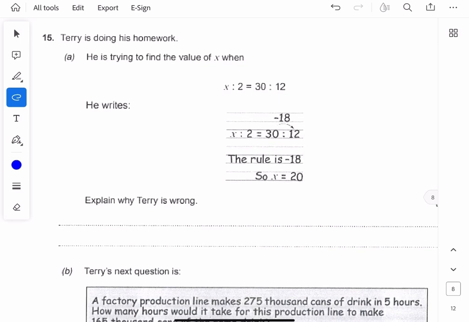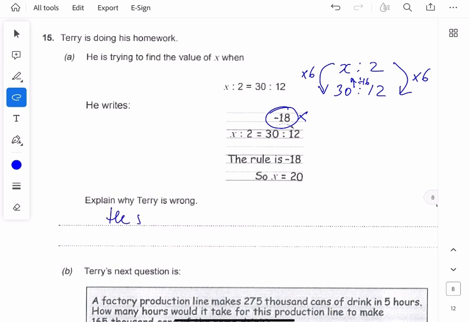Okay, question 15 is on ratio. So ratios are identical or equivalent. So Terry made a mistake here. So x to 2 is the same as 30 to 12. If you write them under each other, you can see there is an increase by 6. That means the other number increases by 6 as well. An increase means multiplying.